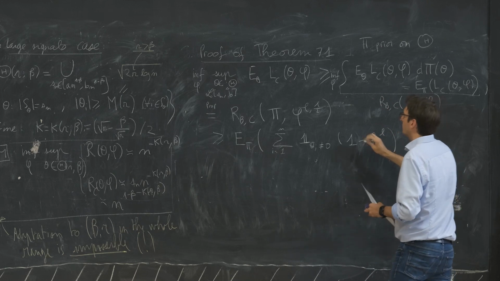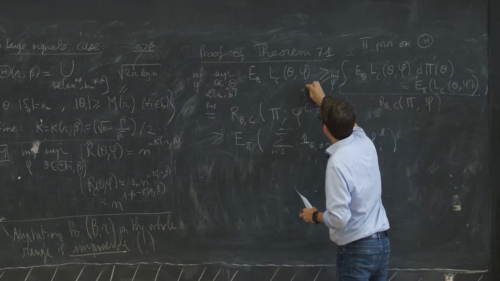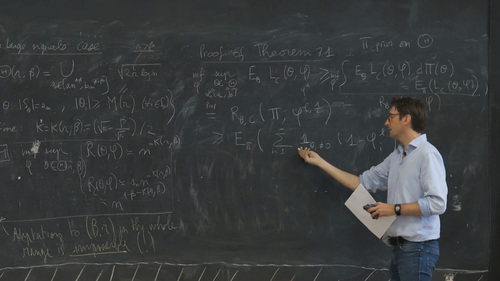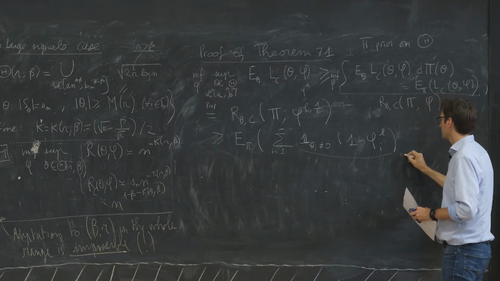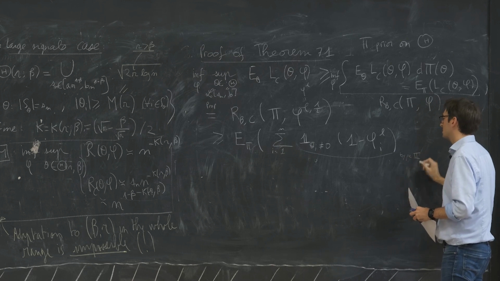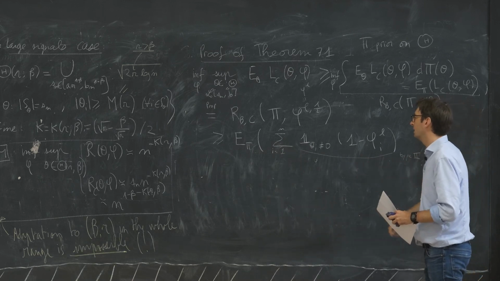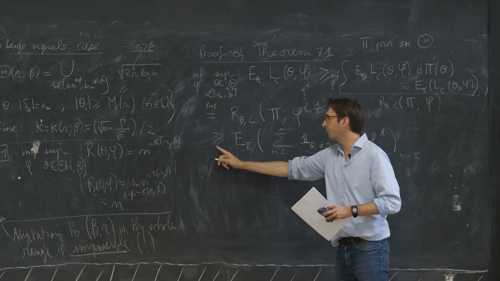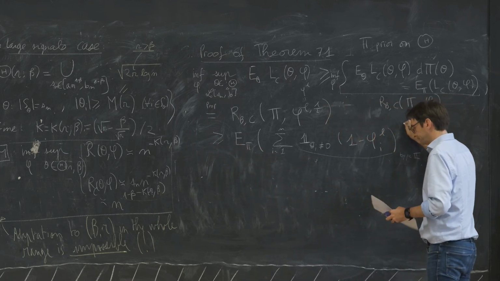So I denote by phi L, without the half, just for simplicity. Here I just take the type 2 error, the error on the non-zero ones, and I drop the number of false positives. Since the errors are positive, I can do that.